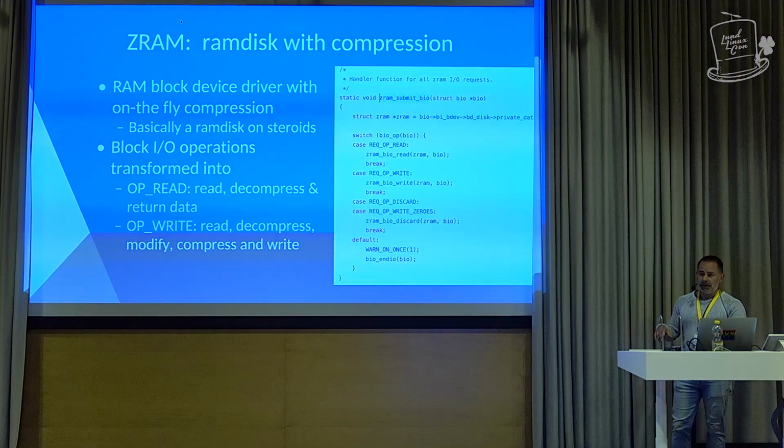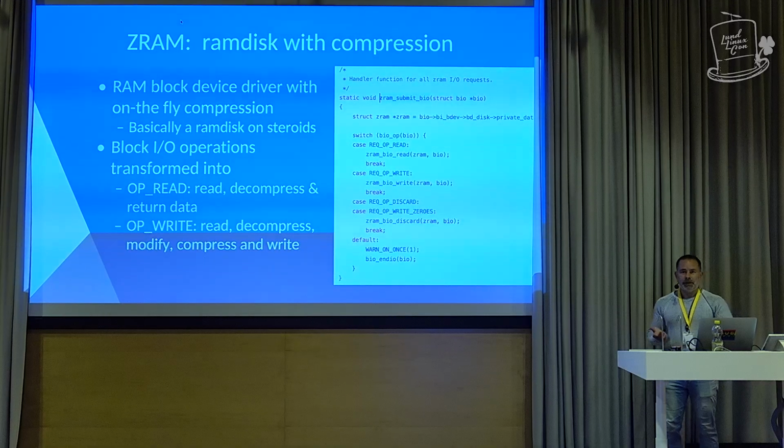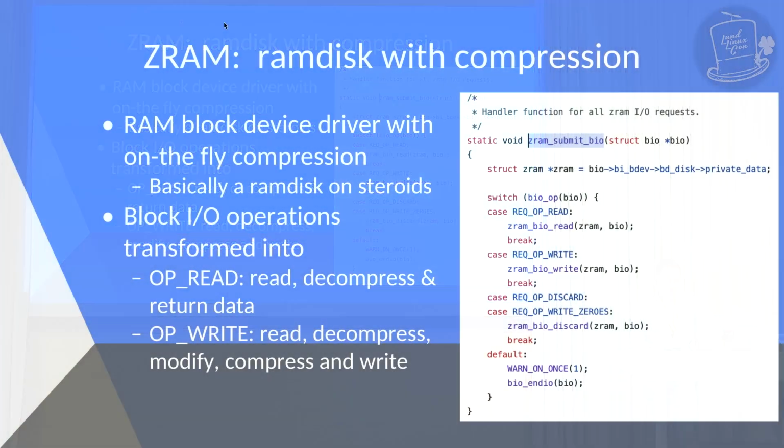So ZRAM is used for this purpose with a bit of a different flavor, because it's actually a RAM disk. So it's not a swap means per se, but it is used as a backup storage. It's an emulated block device, and it's used as a backup storage for swapping on many Android devices, I think pretty much all Android devices.